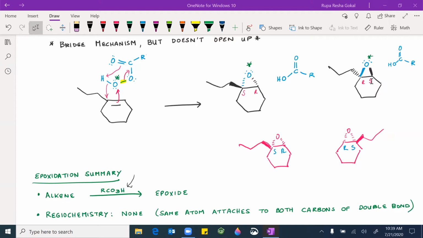Now, if I had another chiral center that was already there, like this, then all of a sudden, I've got a chiral center that's the same in both of those molecules. They're not enantiomers anymore. They are diastereomers.